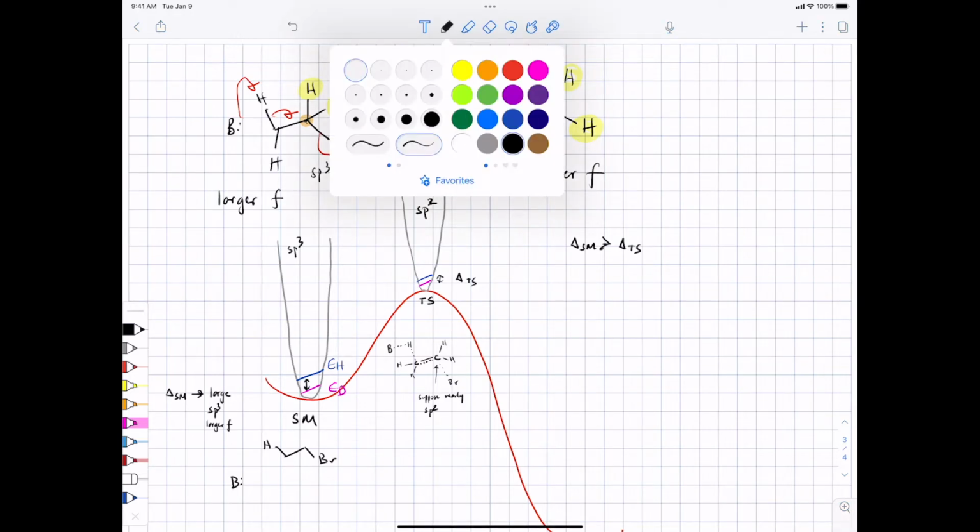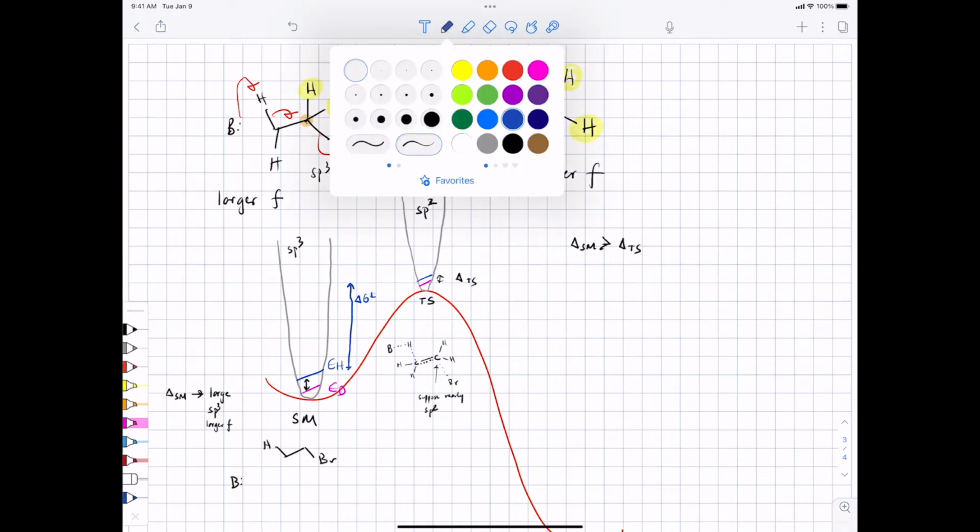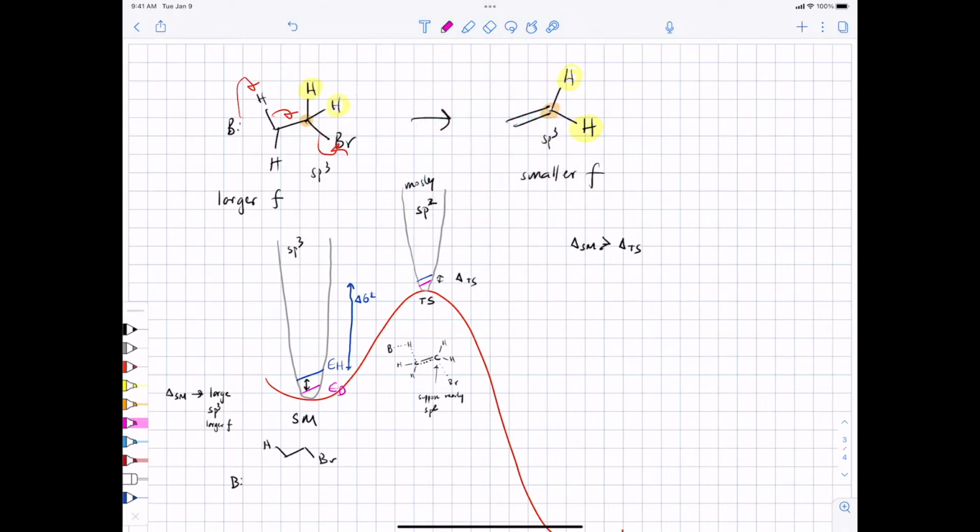So you can see then, as we did before, and hopefully I'm not going to belabor the point, the activation energy for hydrogen is again going to be lower than the activation energy for deuterium.